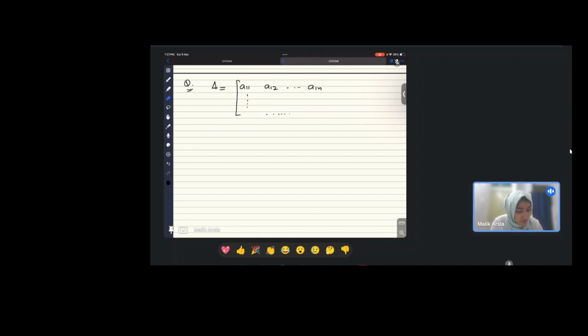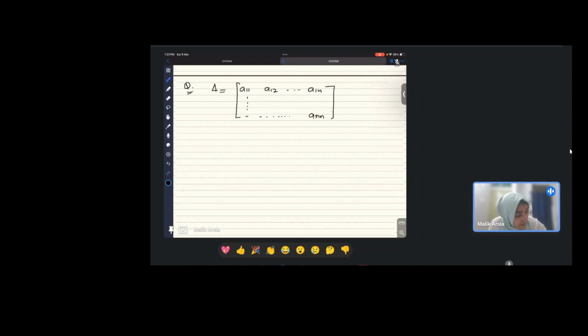Actually, in the question it is given an n cross n matrix, and is non-singular. So what does that mean? That determinant is not equal to 0. And all the entries are given real. Then it's talking about the condition number of A, that which of the following is correct.